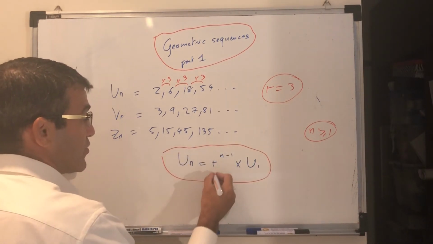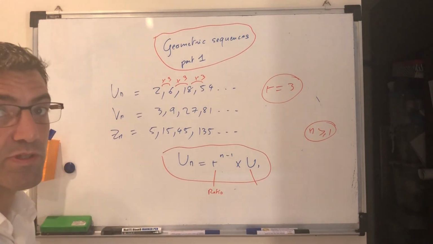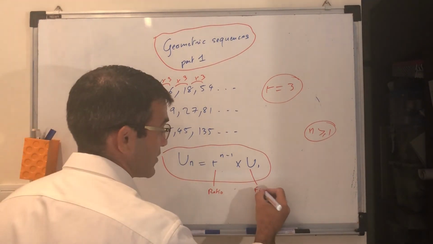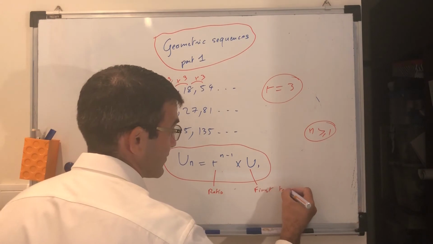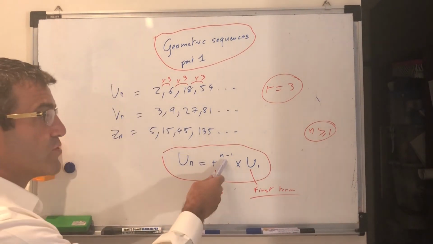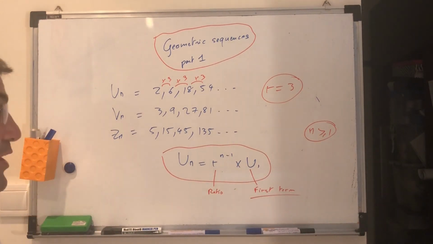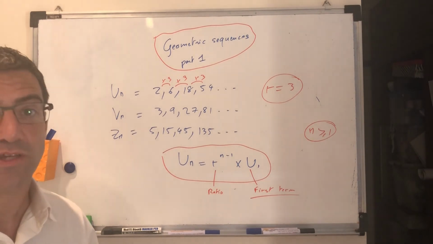So this is your ratio here, and this works for all geometric sequences, and this is the first term. The ratio to the power n minus 1, as long as n is greater than or equal to 1, and this is the first term, so that you can find any of the terms that you need to.